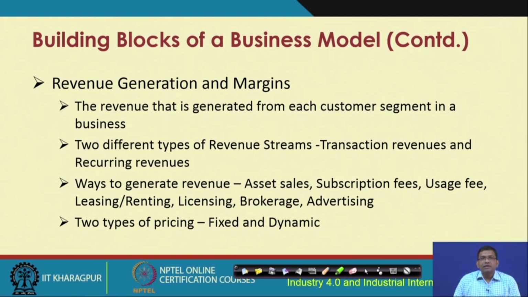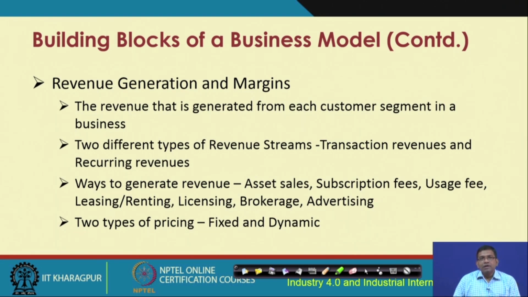These revenues could be generated from sales of assets, from subscription fees, from usage fees, or from fees obtained from the rental or leasing out of different resources or services, the licensing fees, the brokerage, the advertising, etc. There are two different types of pricing that can be considered in any revenue model: one is fixed pricing, the other is dynamic pricing.